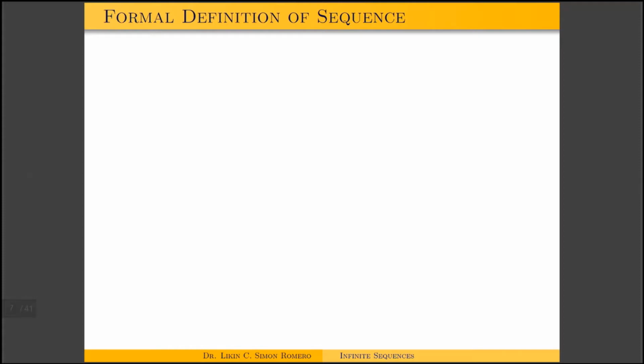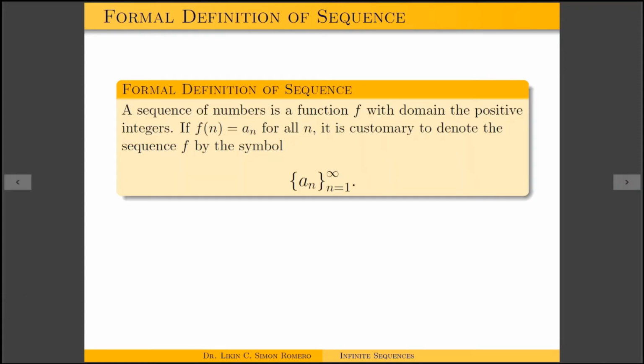All right, so if we look at the formal definition of a sequence, we can define a sequence as a function which takes positive integers to some real numbers. The notation that we use for a sequence is a of n, a subscript n, where n goes from 1 to infinity.